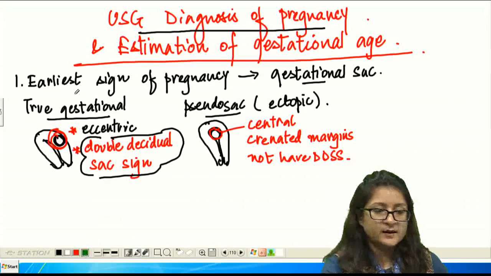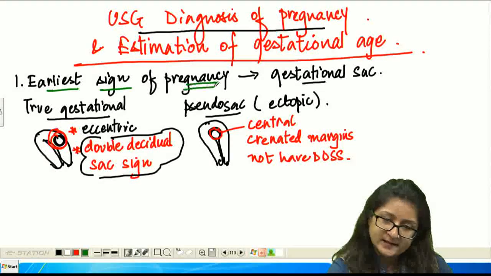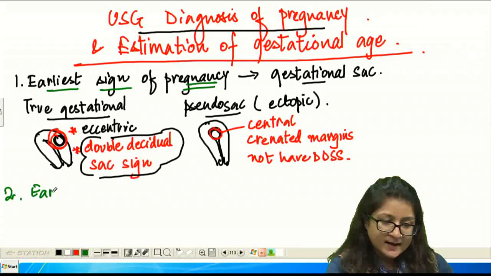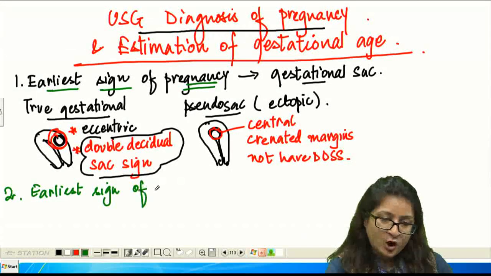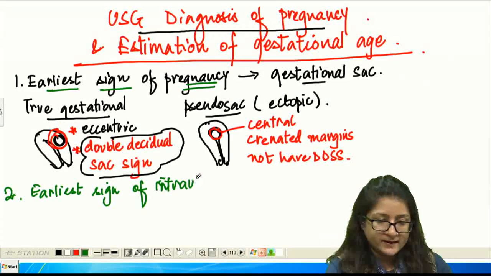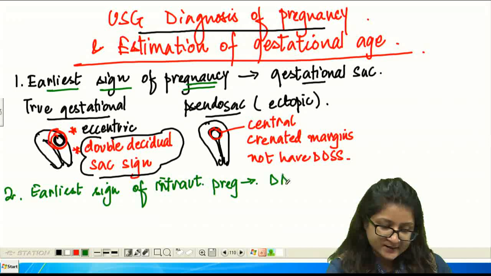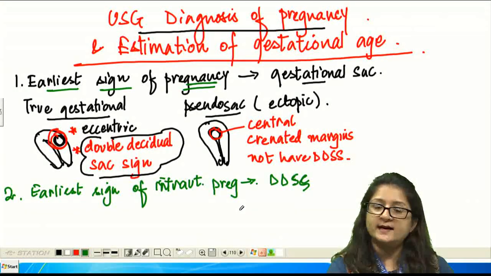If they ask you what is the earliest sign of pregnancy, it is the gestational sac, right. But if they specifically mention the earliest sign of intrauterine pregnancy, then the answer is the double decidual sac sign.